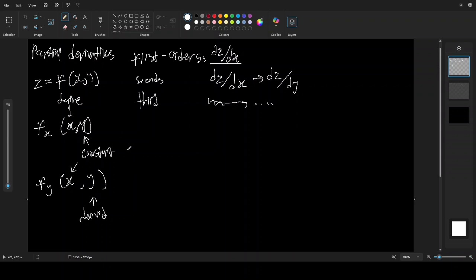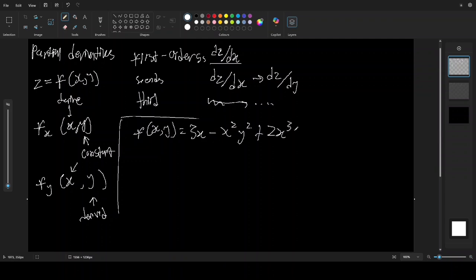So an example being f(x, y) equals 3x - x^2 y^2 + 2x^3 y.